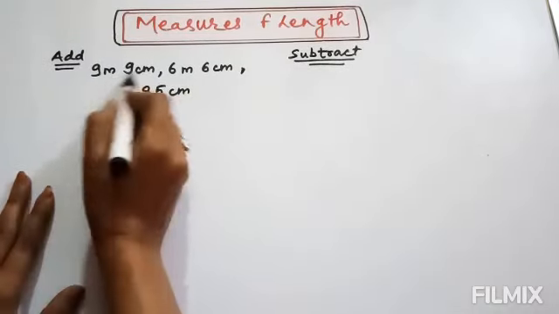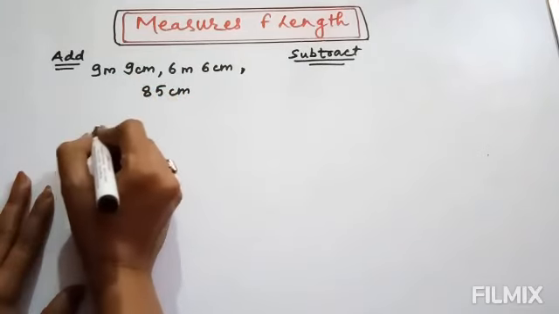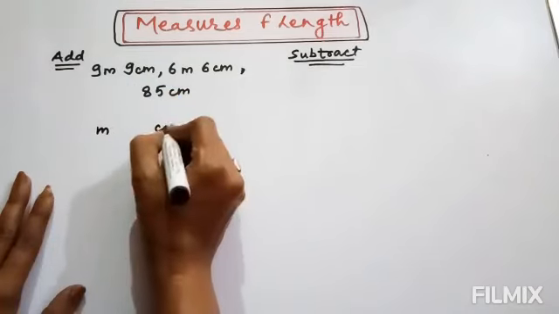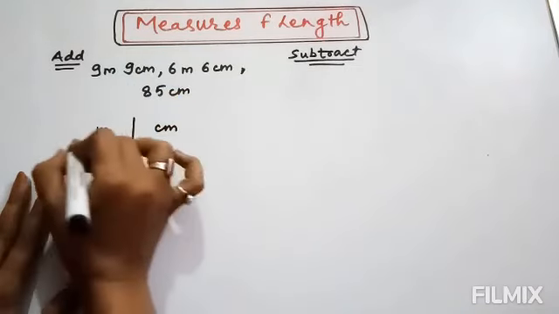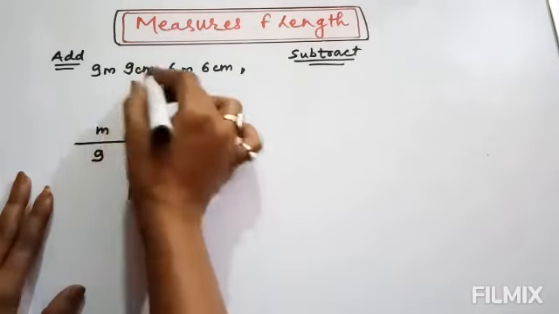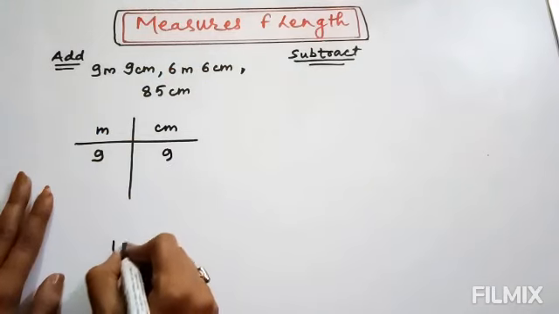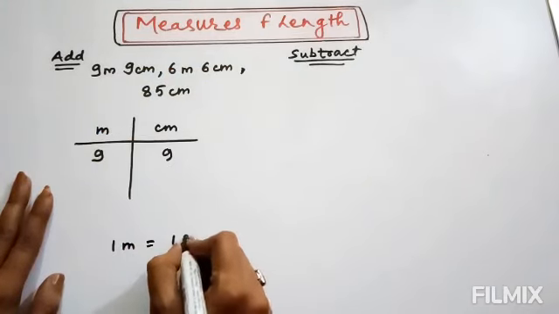How many units are given? 2 units, so we will write meter and centimeter and arrange the numbers: 9 meter 9 centimeter. 1 meter is equal to how many centimeter? 100.